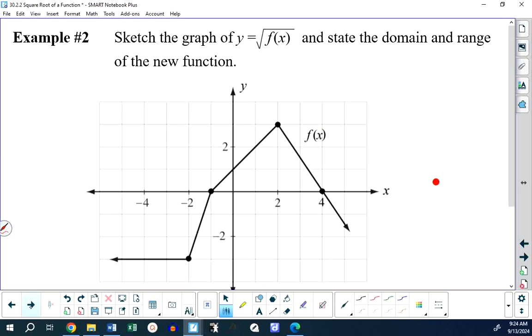Sketch the graph of this function, state the domain and range. Well, right now I can tell you that the domain will be this. And you should understand that because this is a weird thing we're talking about. That's the only horizontal location where the graph is vertically above or on the x-axis.